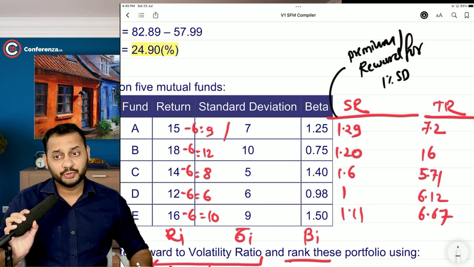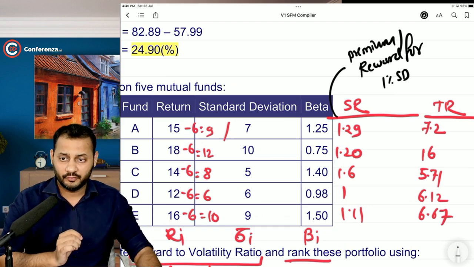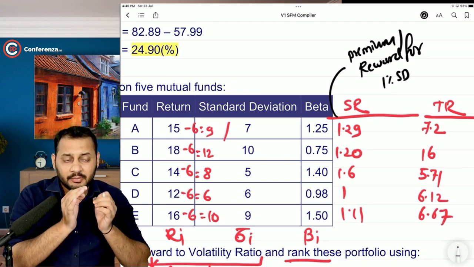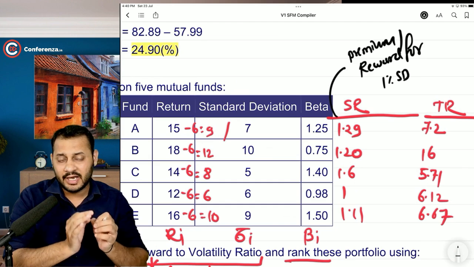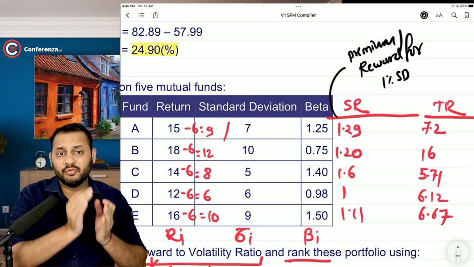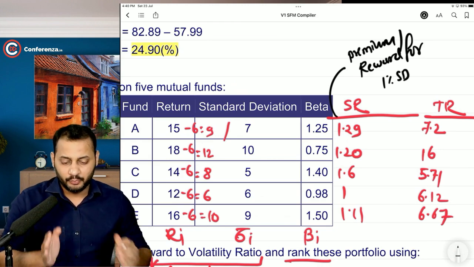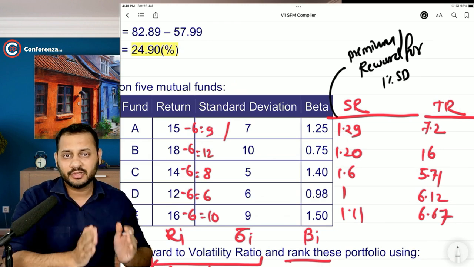Now you have to choose which one you will go for. Obviously, a higher Sharpe ratio would mean a better premium for the same percentage of risk.